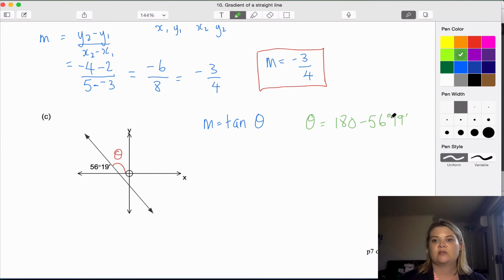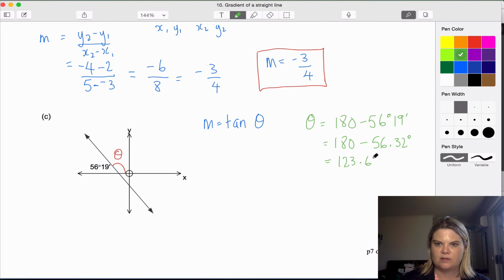You could put this straight into your calculator or you could convert it. I'm going to convert mine first of all. So when you convert this in your calculator, you get 56.32 degrees, and 180 minus 56.32 degrees is 123.68 degrees. So that's what this angle will be.